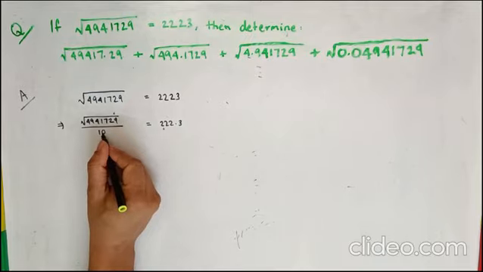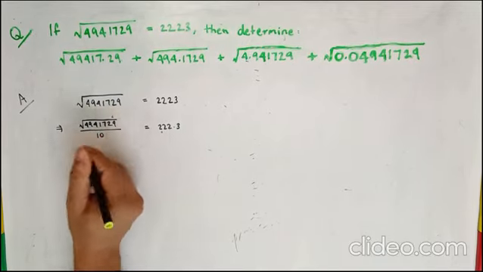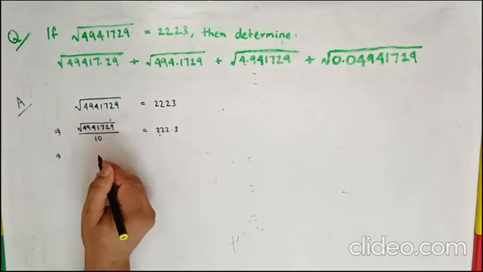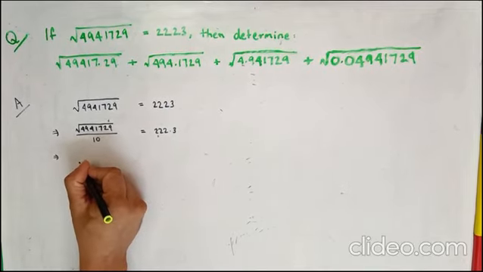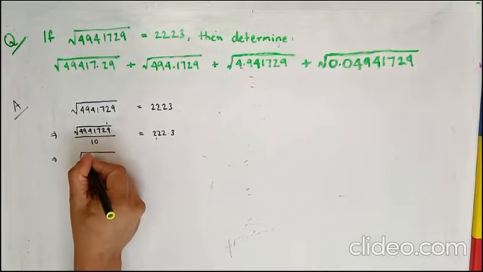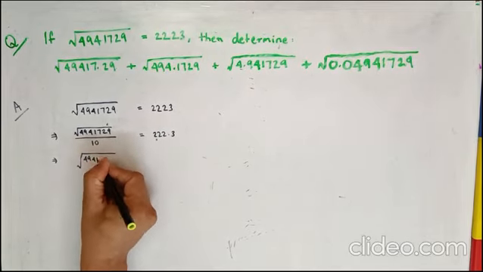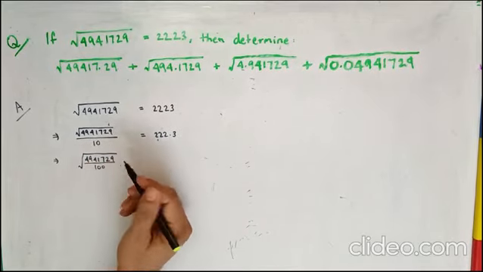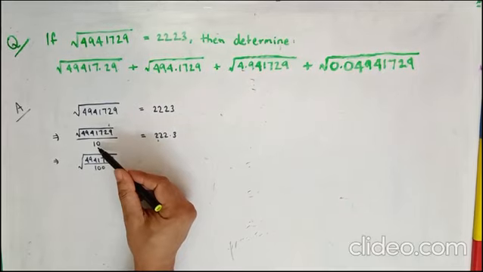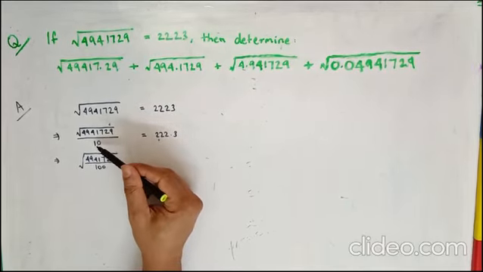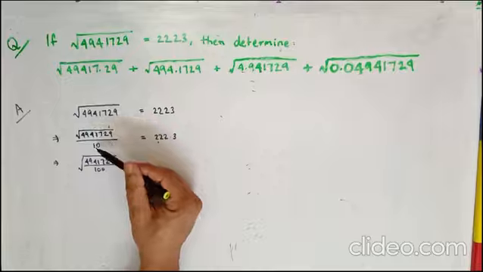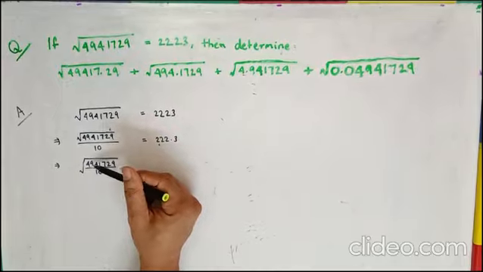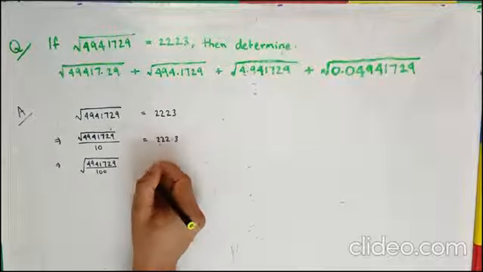Now we bring this 10 under the square root. So when we bring the 10 under the square root, this becomes the square root of 4941729 by 100, because the square root of 100 is equal to 10, right kids? So when we bring this under the square root, it will be divided by 100.